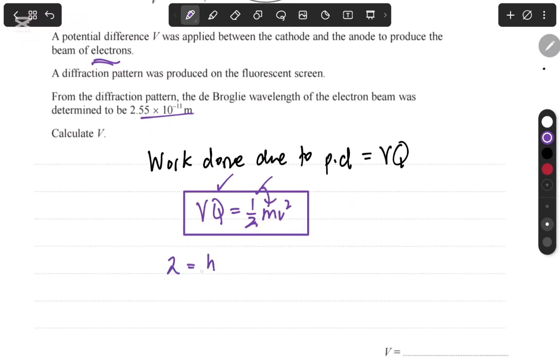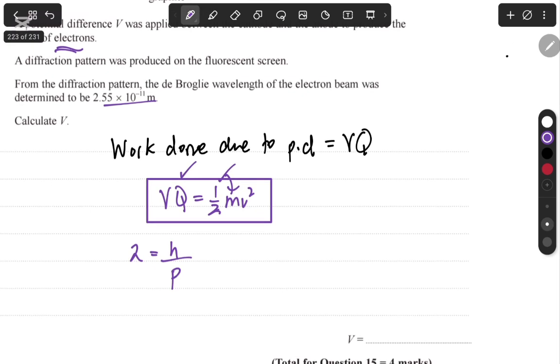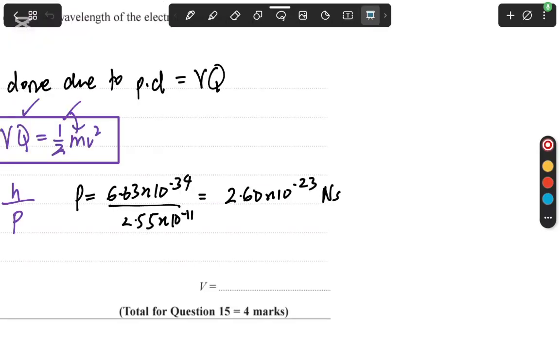Wavelength is equal to Planck's constant divided by the momentum. Okay, and then I can just find the value of the momentum. Now I've plugged in the values of Planck's constant and the de Broglie wavelength to get the value of my momentum. So my momentum is equal to 2.60 times 10 to the power of minus 23 newton seconds.